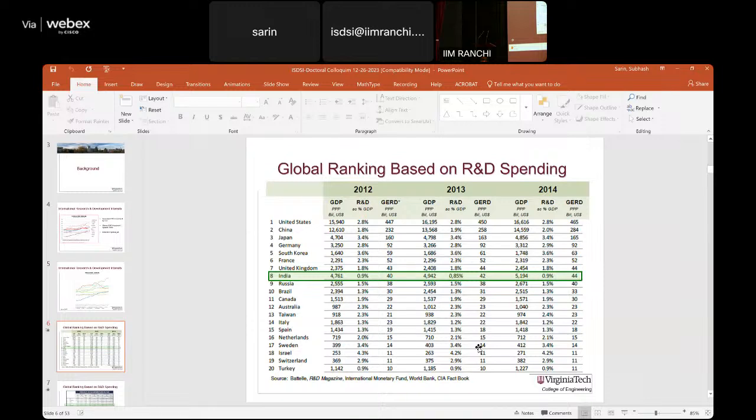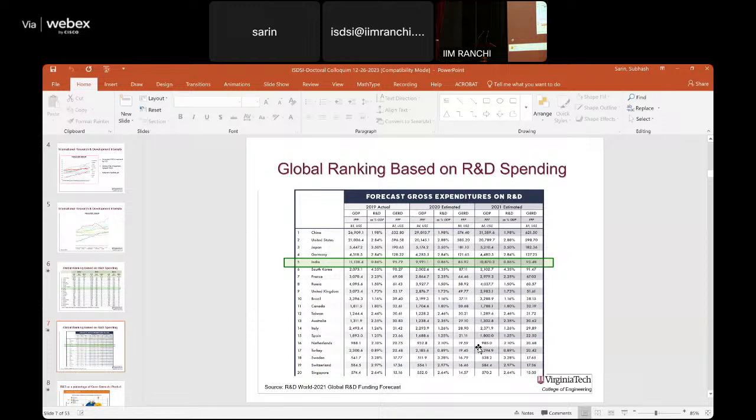So this is the R&D dollars, research intensity developed based on different countries. So again, US is number one, China, and then in total amount, that is the gross expenditure in research and development, the GERD. 447 million US versus 40 million for India, ranked number 8 until about 2014.